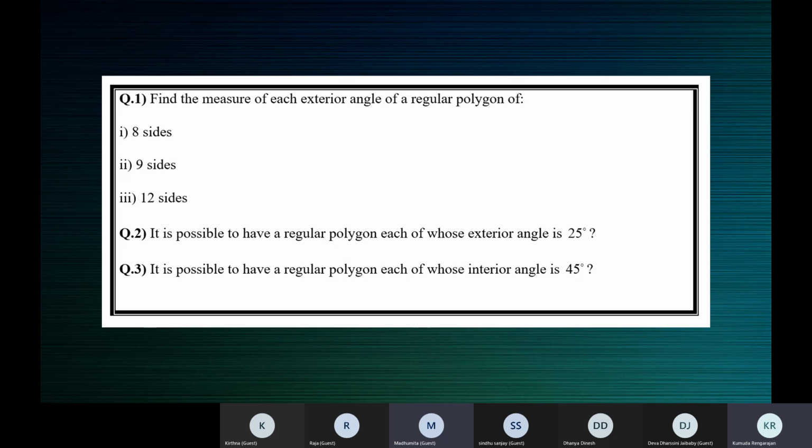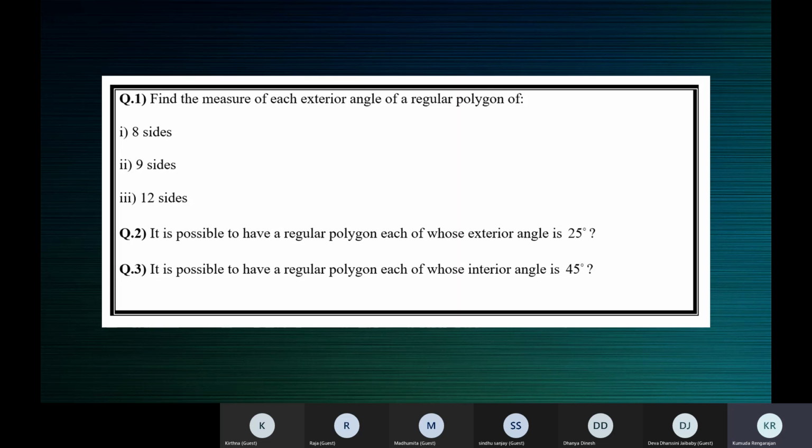No, please get my question correctly. You don't have to do so much, Madhumita. You've used the formula to find the sum of all the interior angles. No. What is the measure of each interior angle?